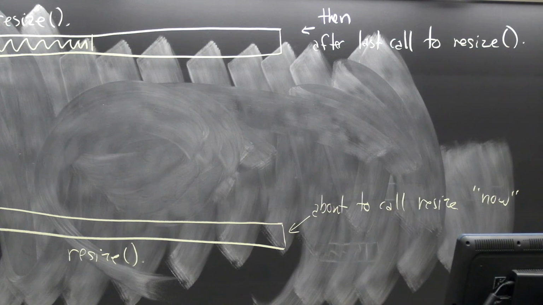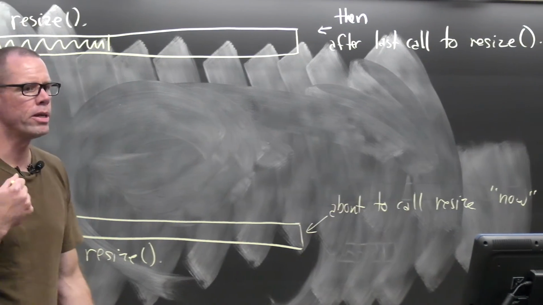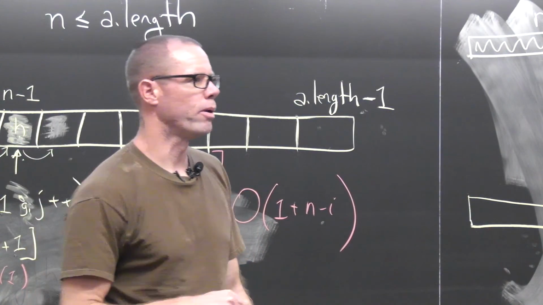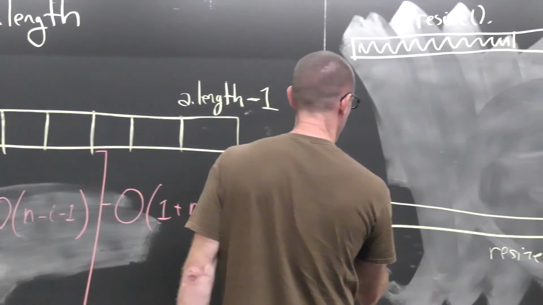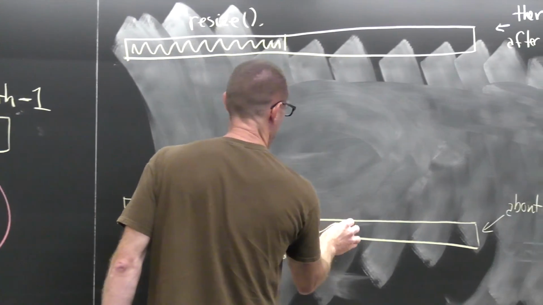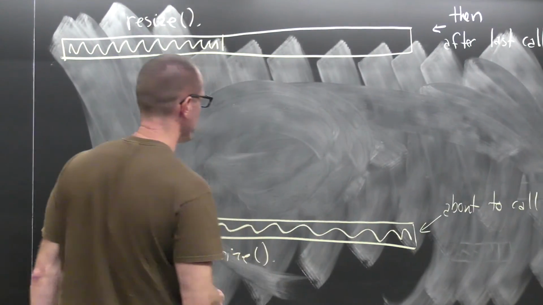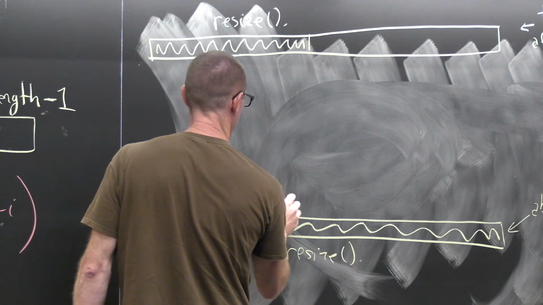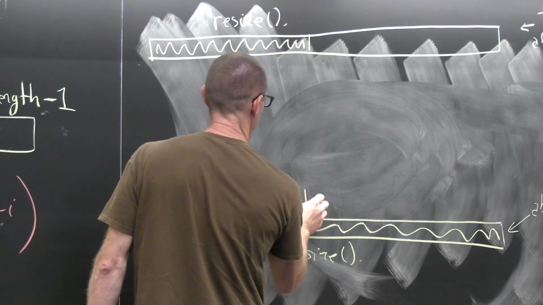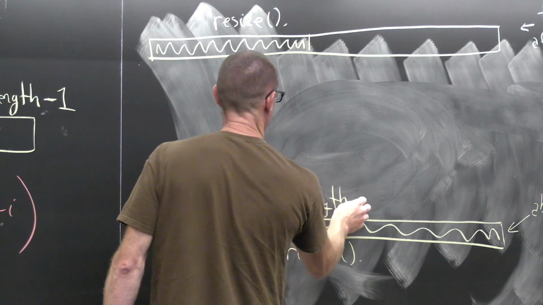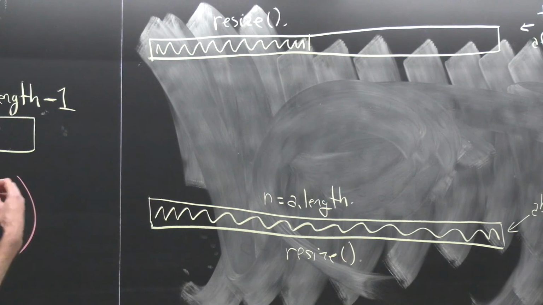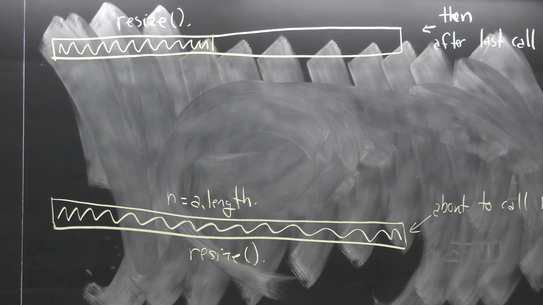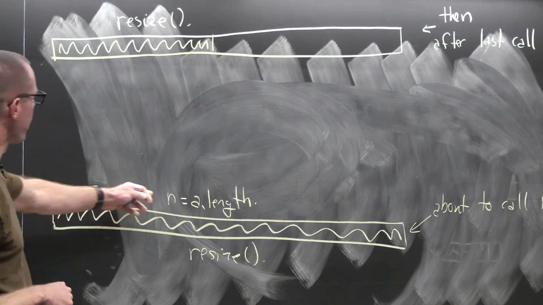Let's look at the case where we're about to call resize because the array is completely full and we want to add something to it. So the picture looks like this: n is equal to a dot length. This is the picture when we're about to resize during an add operation. The only reason we do that is because the array is completely full.